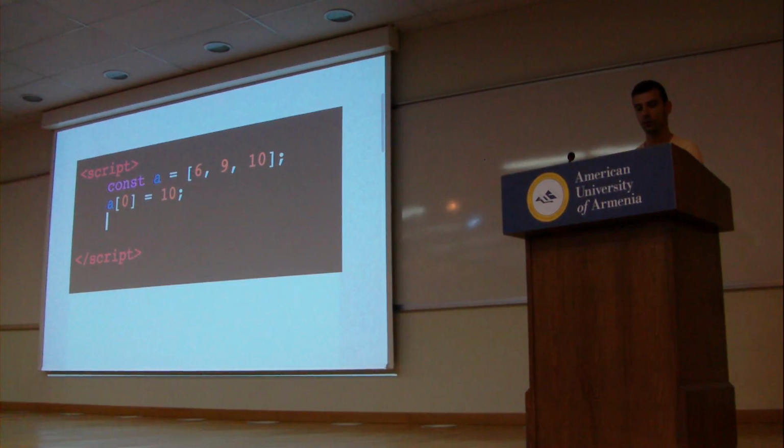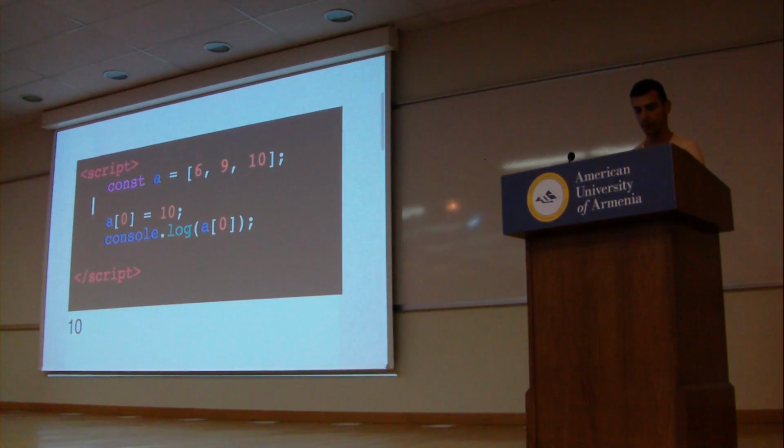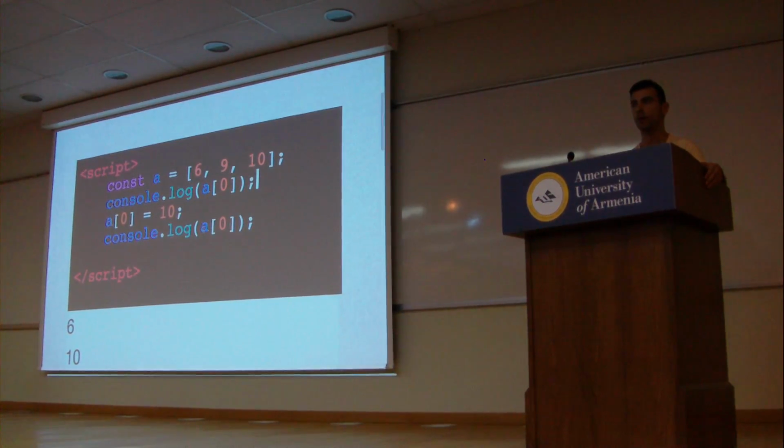So now, if I were to console.log A[0], I will get not 6, but 10. If I did console.log above this, it will give 6, because at this level it's 6, but then we change it to 10.